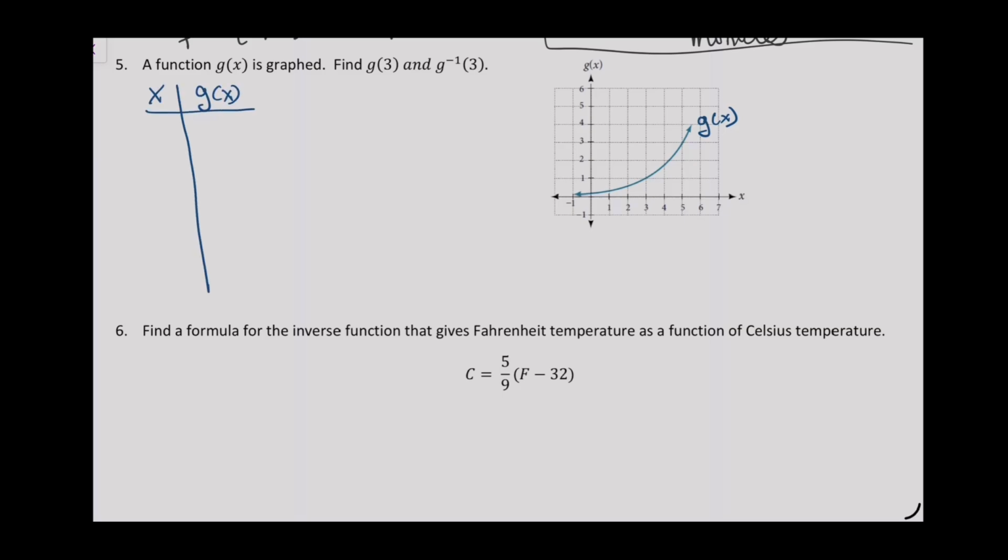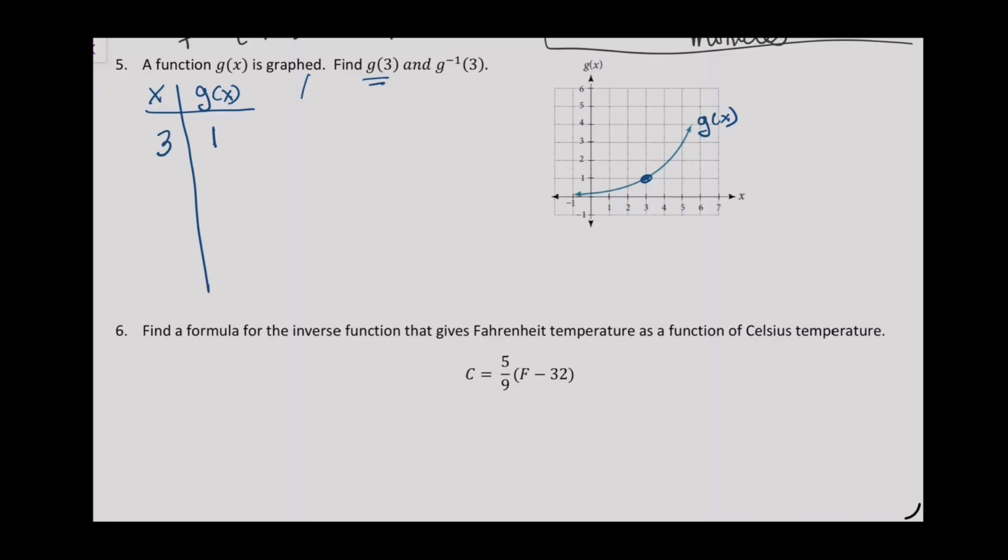So for these values, let's see, I'm just going to approximate these values, okay? Actually, let's do this one. If x is 3, then g produces a 1. So 3, 1 is the coordinate point on the g function.